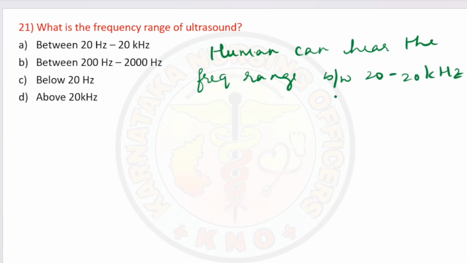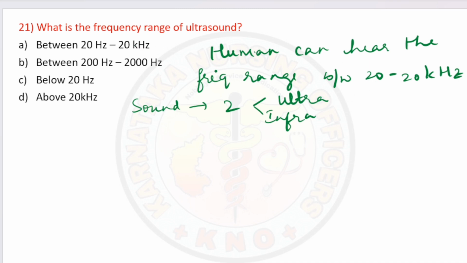Okay, so this is the frequency range that humans can hear, and sound can be divided into two types. One is ultrasound and another one is infrasound. Infra and ultra. See, what is ultra?